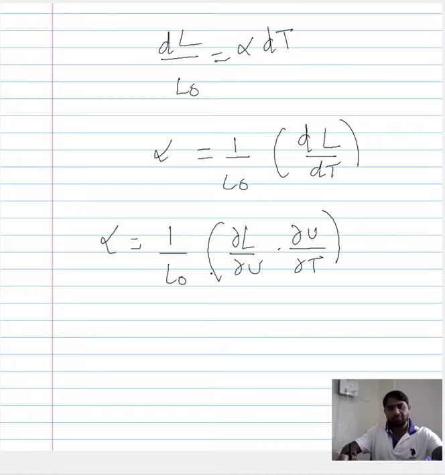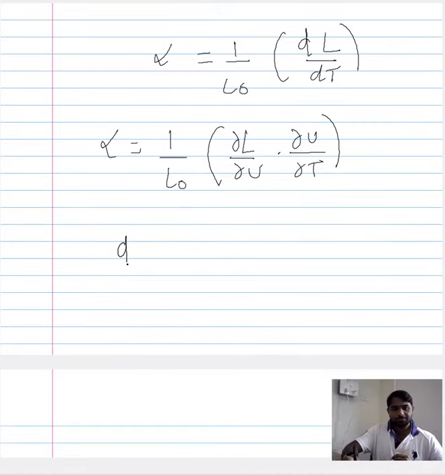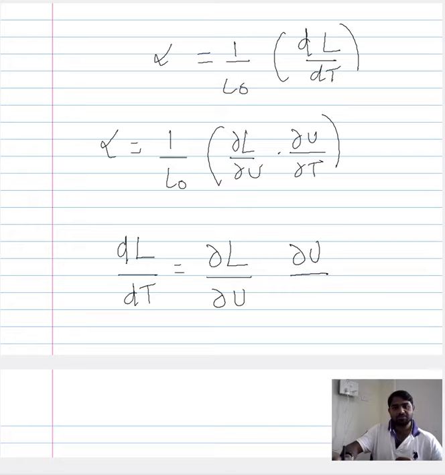I'm rewriting the change in the length of a system with respect to the change in temperature by introducing the internal energy into it, meaning the change in the length of the system with respect to the change in the internal energy of the system, and I'm also considering the change in the internal energy of the system with respect to the change in the temperature of the system.